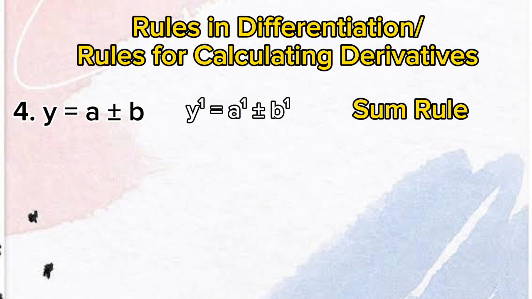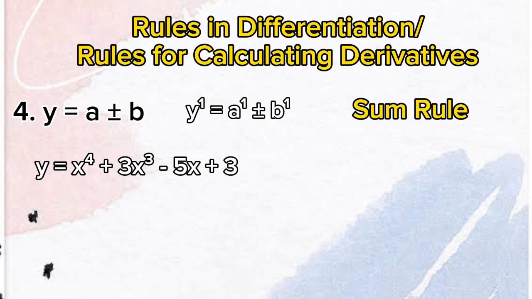For example, we have y is equal to x raised to the 4th power plus x cubed minus 5x plus 3, where the middle term is 3x cubed. Then y prime is equal to 4x cubed plus 9x squared minus 5. We are using here the power rule and of course the constant rule.